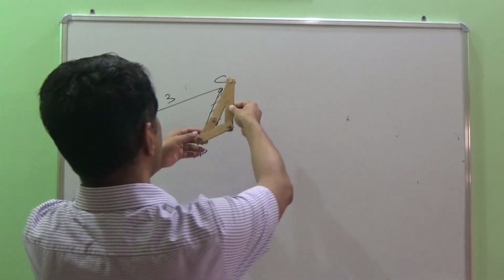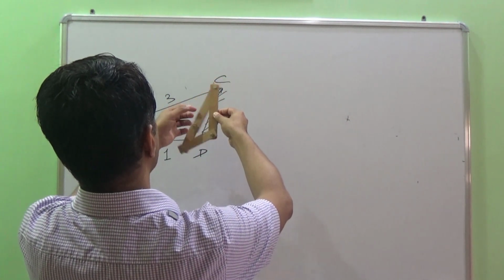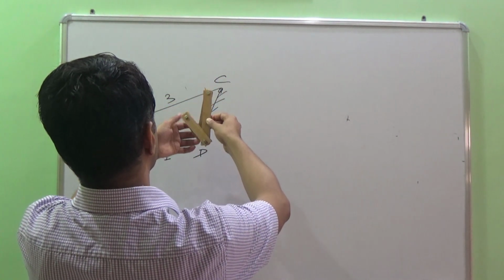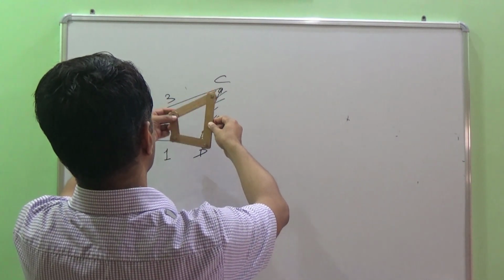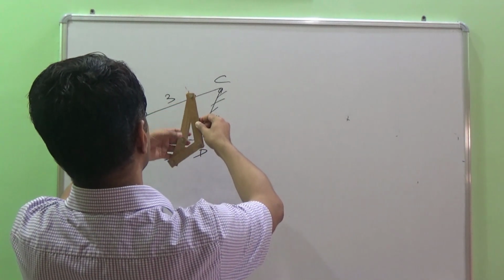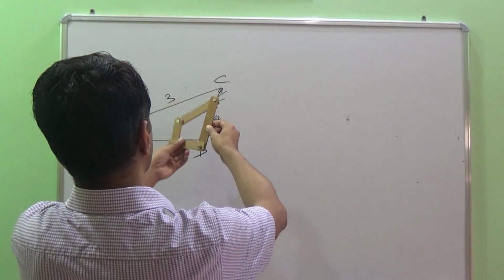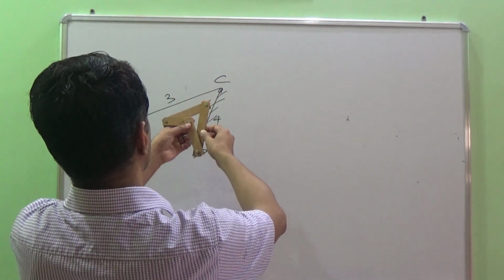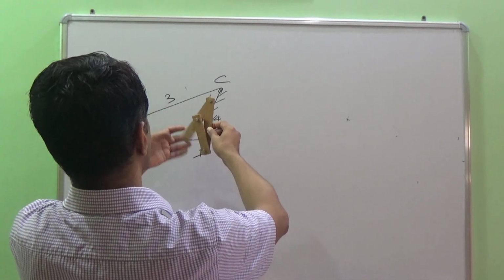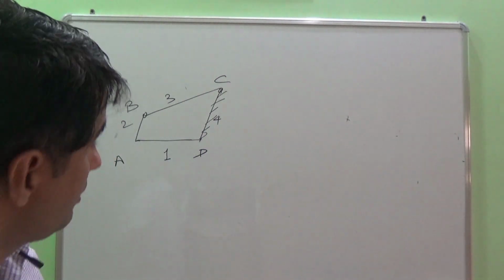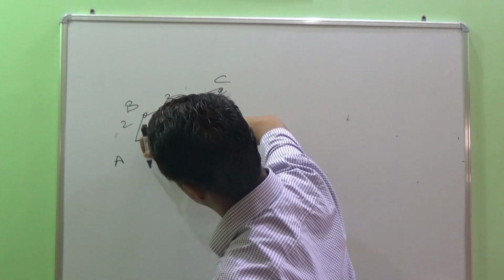Now this one is fixed. If I move this link, this is what the motion is. This inversion is called the rocker mechanism. So no link is allowed to take a complete turn.